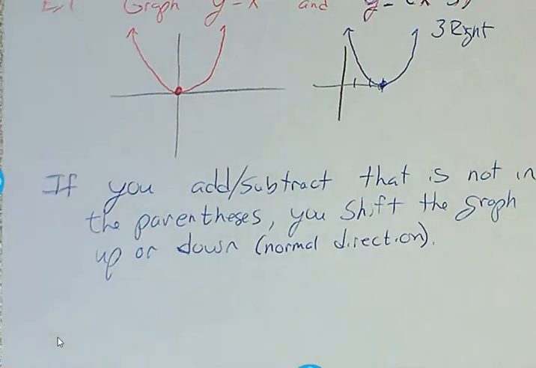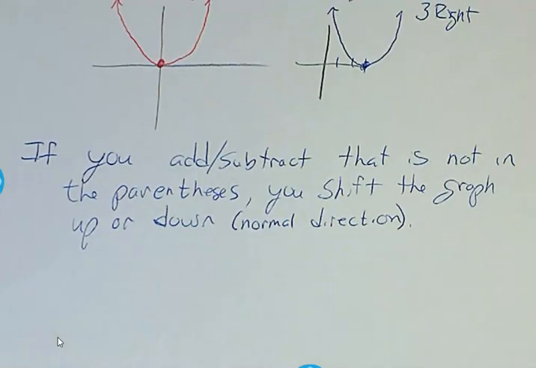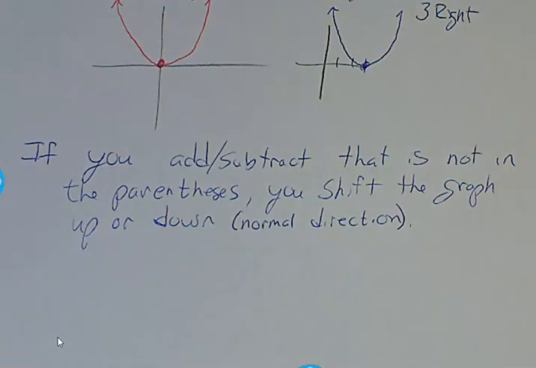Again, normal direction on that one. So plus will move it up, minus moves it down, because that one we'll say is normal direction. The one that's on the inside is always opposite direction. The one that's on the outside is in normal direction.